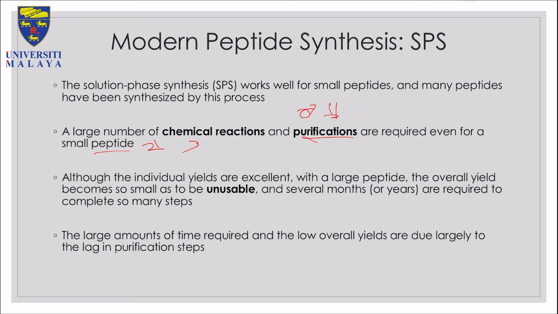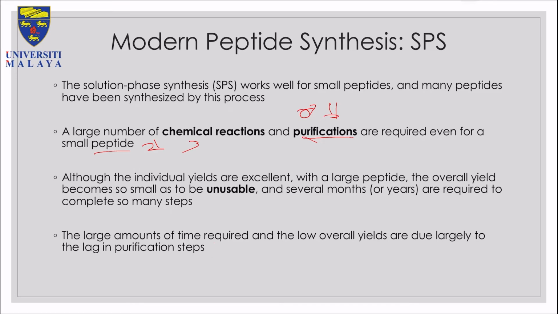So although the individual yields are excellent, with large peptides the overall yield becomes so small as to be unusable, so the synthesis is no longer feasible. And it might take years or months to complete the synthesis of a whole large protein or peptide.